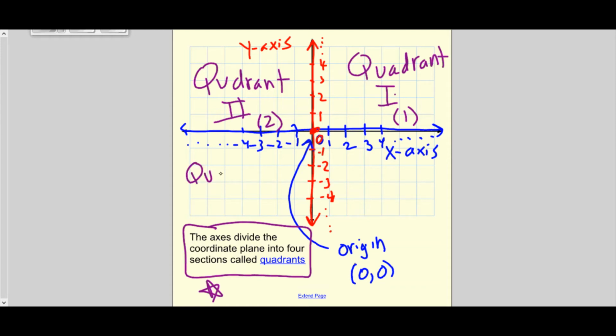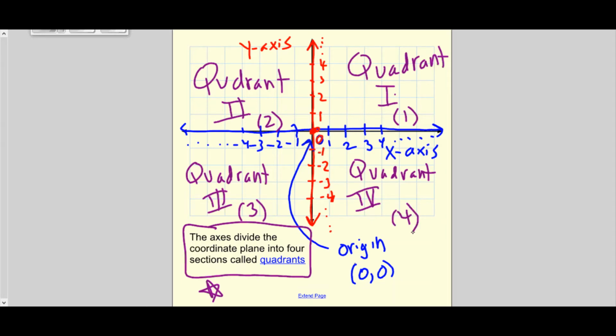Quadrant 3 is here, just continuing counterclockwise. And then the last one is here, quadrant 4. In Roman numerals, it's IV. As a number, you could just write 4. So this is basically what your coordinate plane looks like.